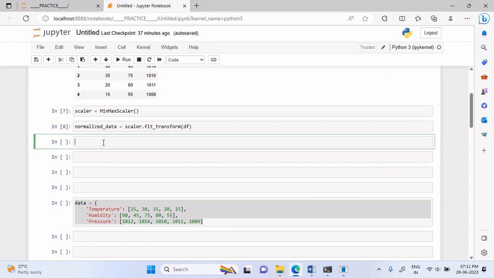Before printing the normalized data, let's make it a data frame. df_normalized is equal to pd.DataFrame, with columns equal to the original columns.